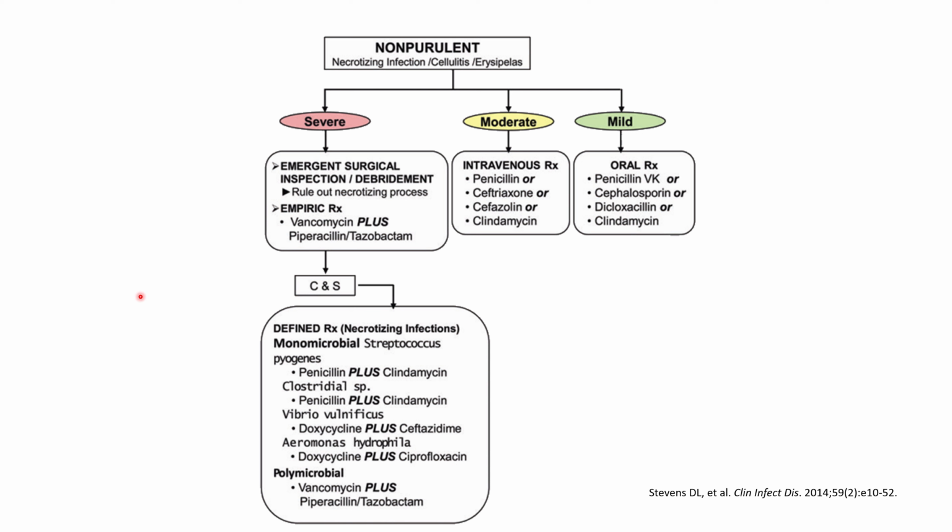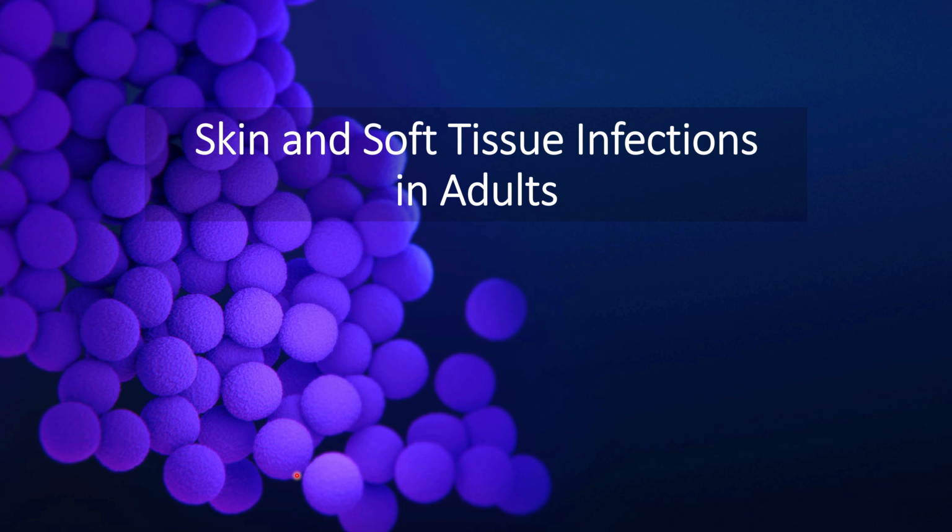And of course, if it's polymicrobial, there's not much you can do, so you'll just maintain your empiric broad spectrum treatment of vancomycin plus piptazo, if you cannot pinpoint what's causing it, because these are severe infections, so patients can die from necrotizing soft tissue infections. So this concludes this presentation.